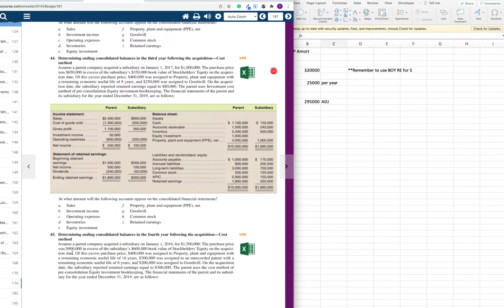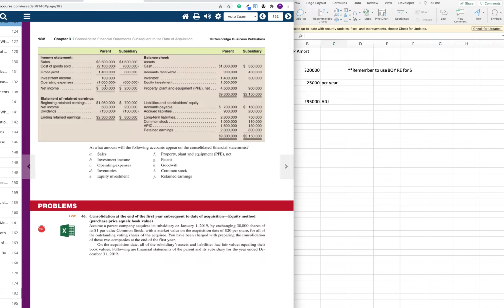The purchase price was $900 in excess of the subsidiary's $600 book value. The excess price includes $400 of PPE with remaining life of 16 years, $300 of a patent with 6 years, $200 was assigned to goodwill. On the acquisition date, the subsidiary reported retained earnings equal to 360. They use the cost method, and then it's going to give us their financial statement.